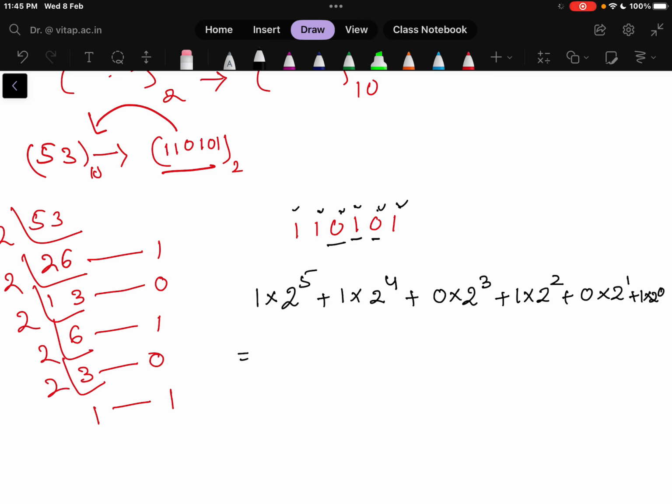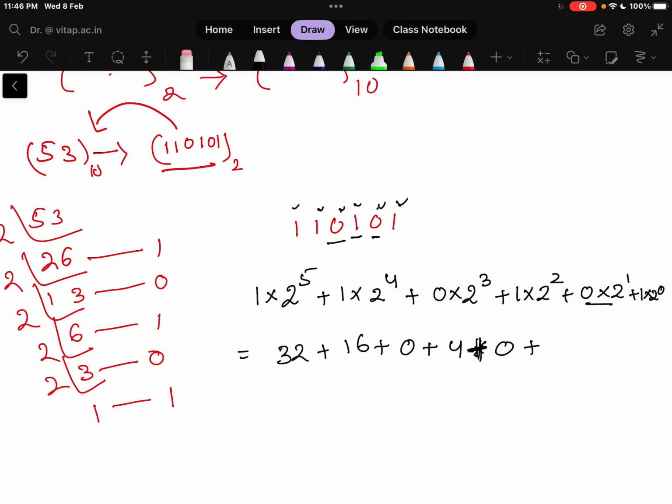Let us see that: 2 to the power 5 is 32, so 32 into 1 is 32, plus 2 to the power 4 is 16, plus 0 into something is 0, plus 2 to the power 2 is 4 into 1, which is 4, plus 0, and then plus 2 to the power 0 is 1, so 1 into 1 is 1.